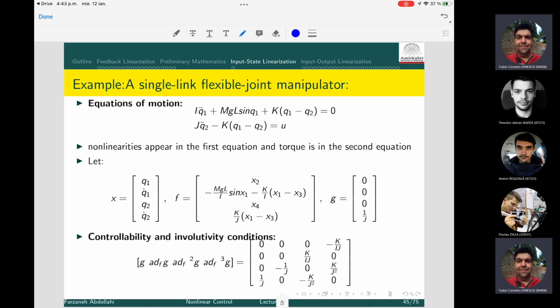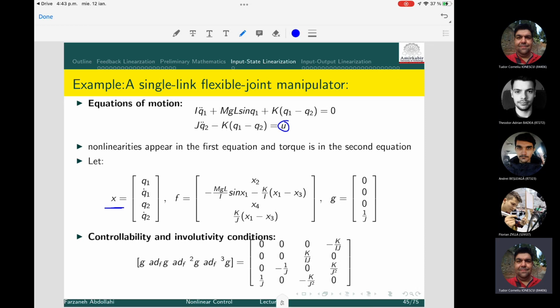The nonlinearities appear in the first equation and the torque is in the second equation. The input is in the second linear equation. You let x be like this. This is a mechanical system with two angular positions, so you have a fourth order mechanical system of this form.